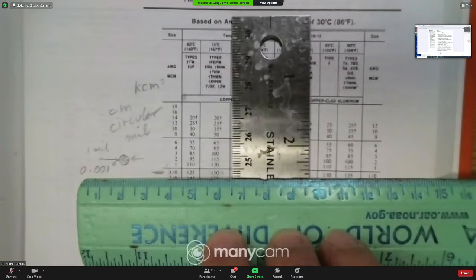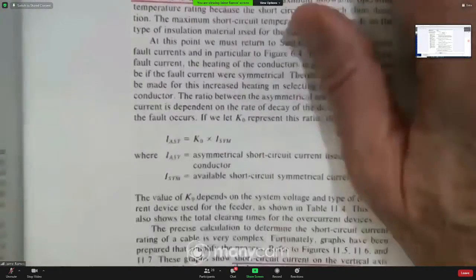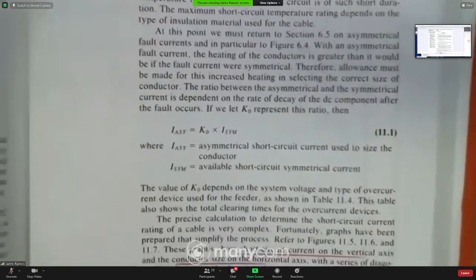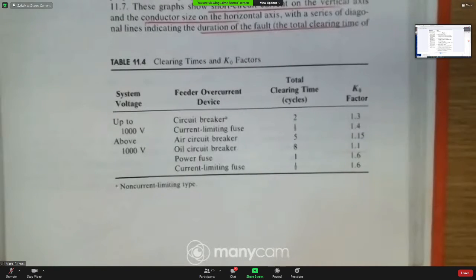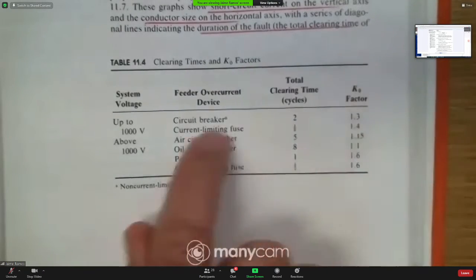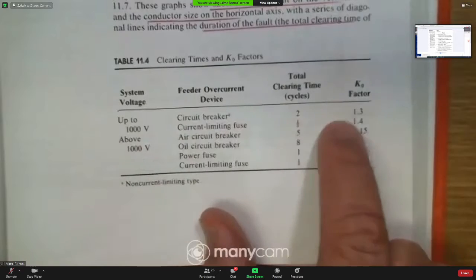So first, go to the table. We need to go to this table. So it's a circuit breaker here, the first row.